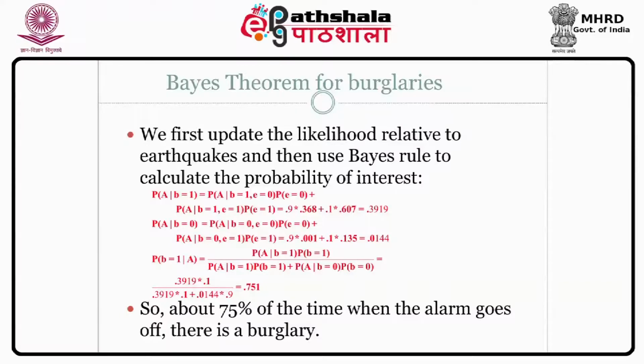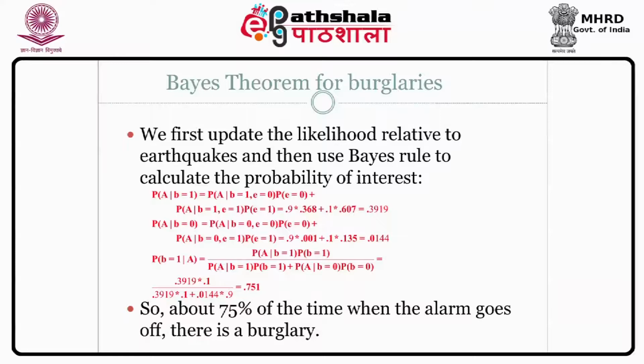That means the alarm rings. So the chance of the alarm ringing when a burglary occurs but an earthquake doesn't. So we want the marginal conditional probability. What is the chance of the alarm ringing given that a burglary occurs? That's what we want to do.